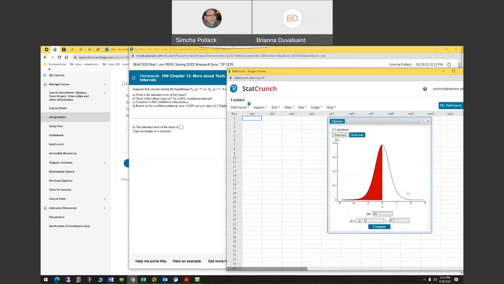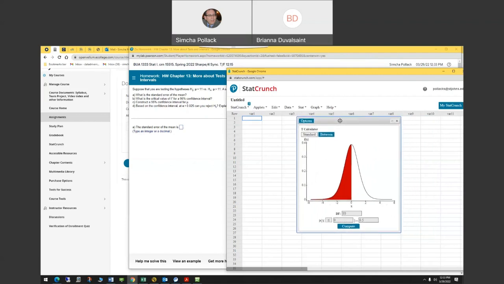Usually you want a boundary on one side and a boundary on the other side, so that you have 95% in the middle when it's on two sides. What I'm struggling with is when there's something called a one-sided confidence interval. But I don't think the book wants you to do that. I think they just want you to do a two-sided confidence interval. Let's do that.